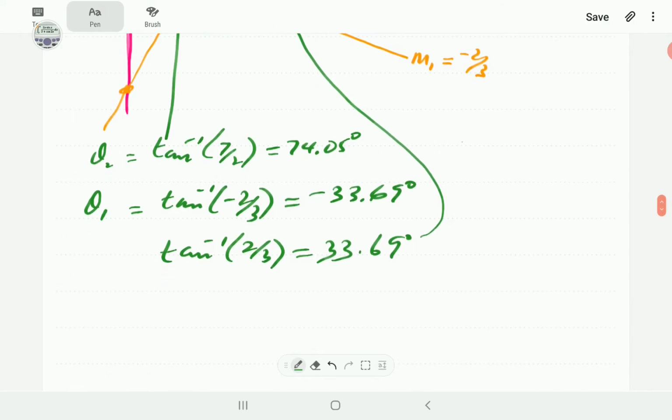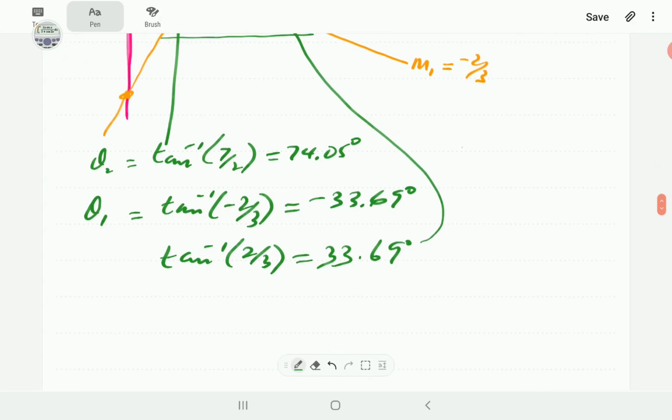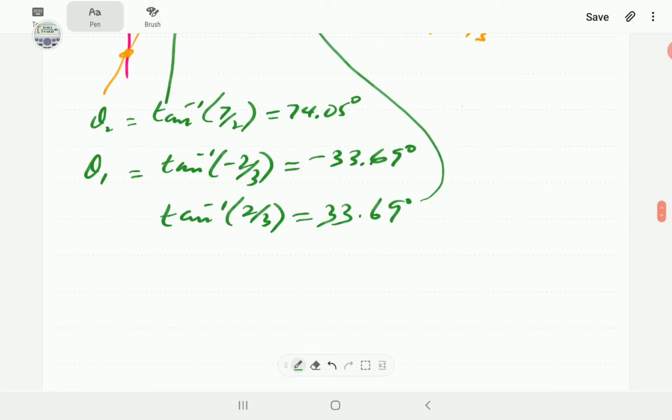The negative simply tells us that it's on the left. If you remove the negative, you just get the size of the angle.